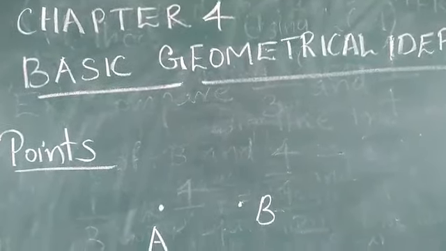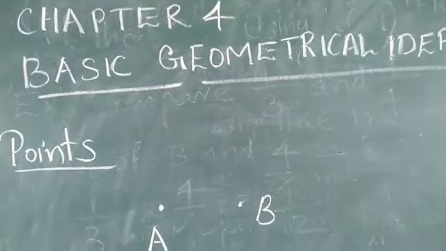We can join these 2 points. But what is the shortest distance between these 2 points A and B? This is the shortest distance, because in these 2 cases we used the curved shape. So this is longer than this straight line, is it? So line segment is the shortest distance between any 2 points. You understood?